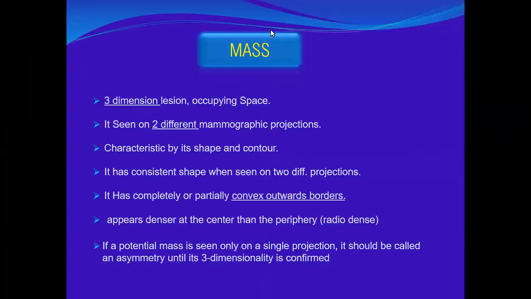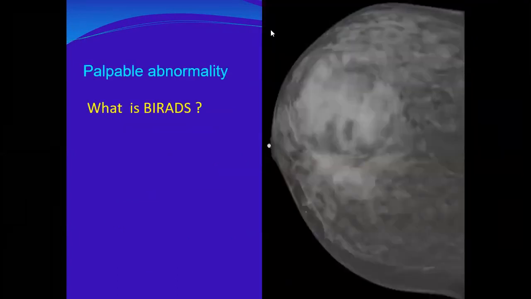Mixed density, okay. So we said the definition of a mass: it is a three-dimensional space-occupying lesion that should be seen in at least 2 orthogonal mammographic views. It is described by its shape, size, and position, and it has an outward convex border.